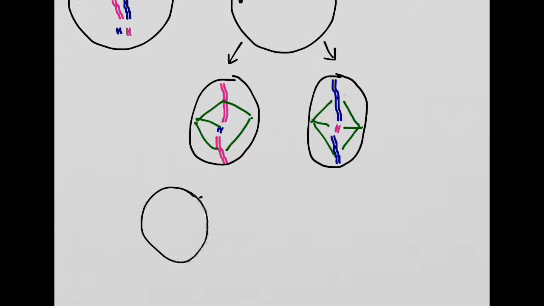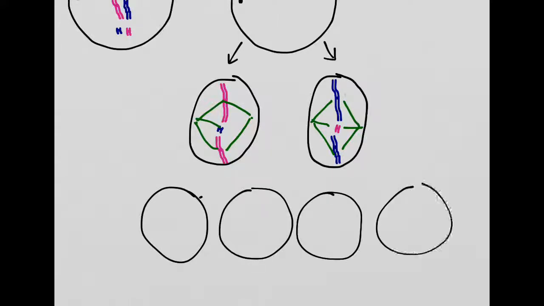Because in this situation, we're going to have the 4 cells that result. Right? And we're going to have no problem with the longest pink ones being in separate cells. No problem with the medium-sized pink ones. But now we're going to have 2 of the little guys in one and not any in the, let's see if this is A, B. The B cell, right here, is not going to have any little ones.